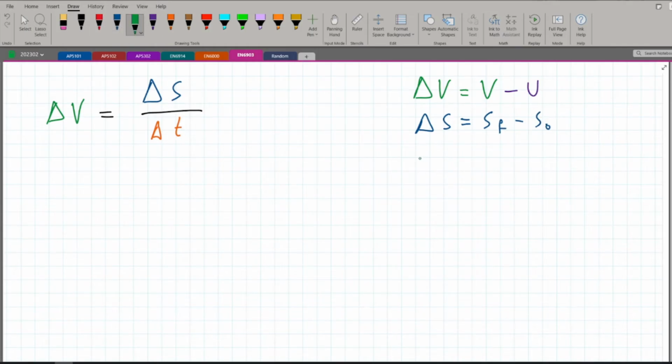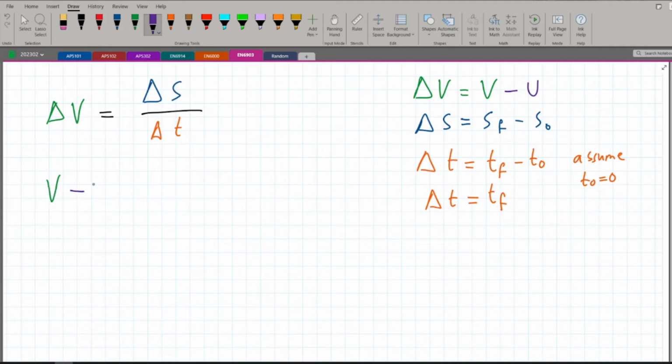And delta t is equal to t final minus t initial. Since we are assuming that t0 is equal to 0 in most cases, we can simply say that delta t is equal to the time taken, or the final time. So now if we want to simplify this equation, we're going to have v minus u is equal to s final, or delta s.